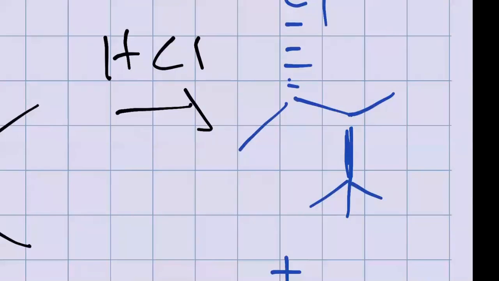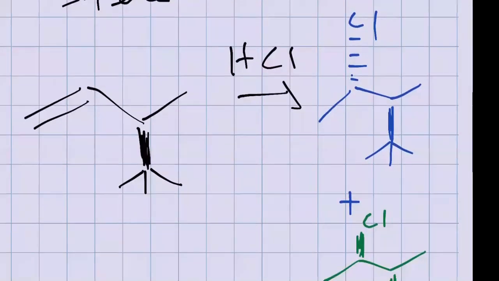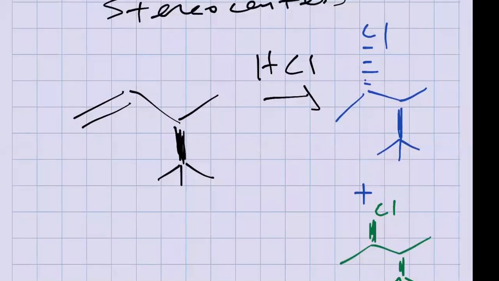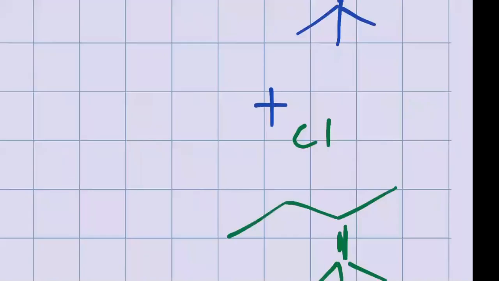All right, if I add HCl to an alkene, don't I get addition of H to one carbon and Cl to the other carbon? What's the regiochemistry? Anybody remember what that term is for where the Cl adds and where the H adds?